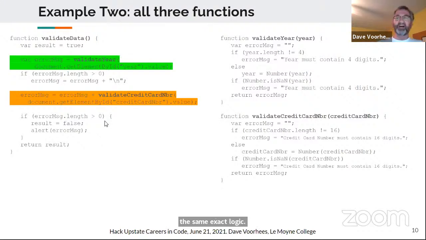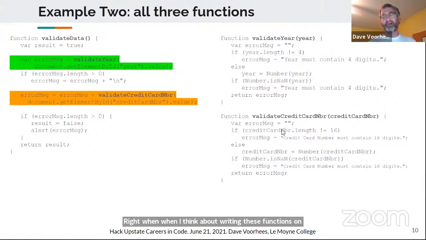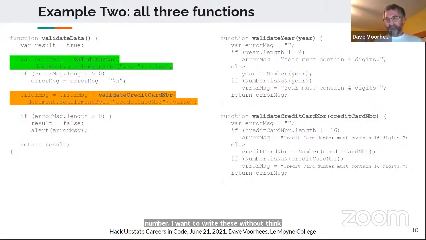The other thing that we've done, and this is kind of subtle here, when I think about writing these functions on the right, validate year and validate credit card number, I want to write these without thinking about or caring about which order they will be called, right? So again, my strategy was I want to display as many error messages as possible in a single alert pop-up window.